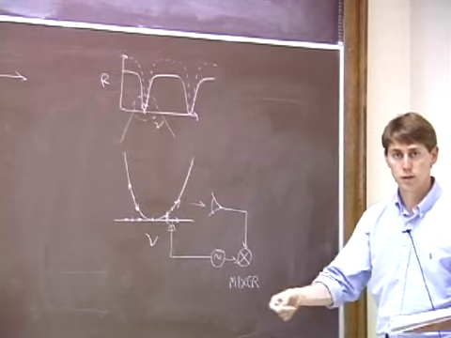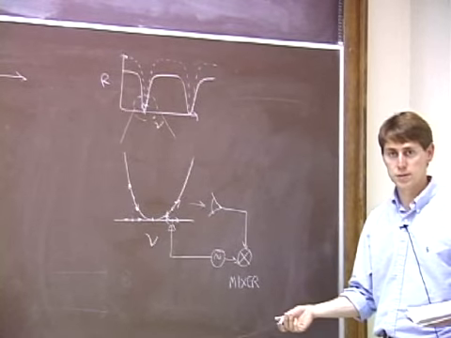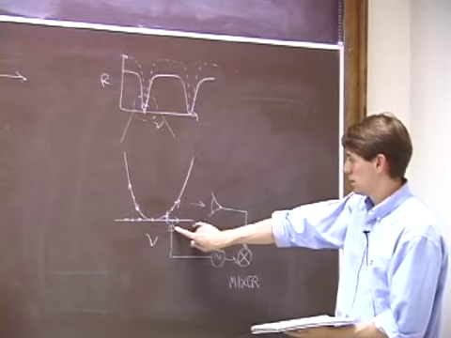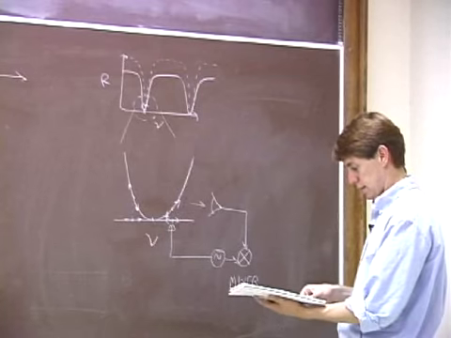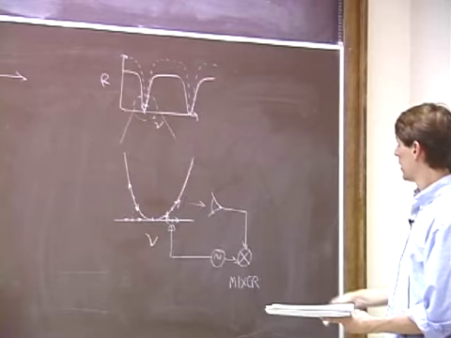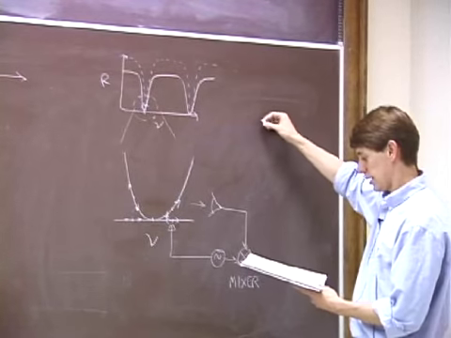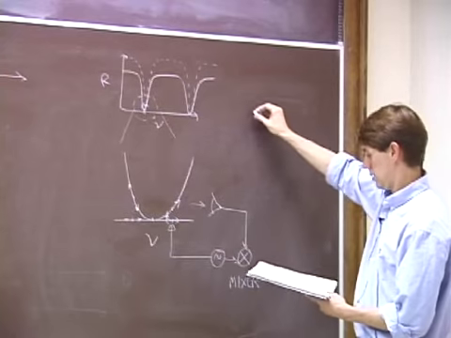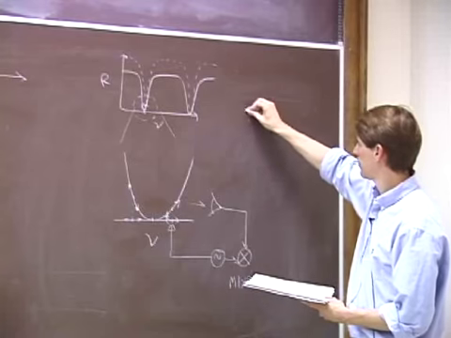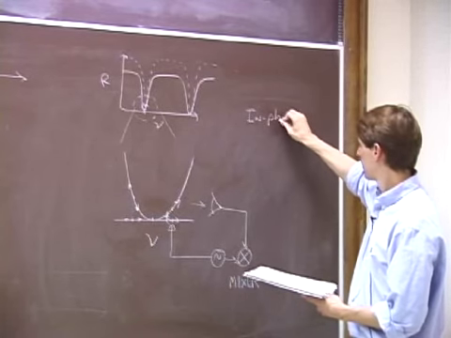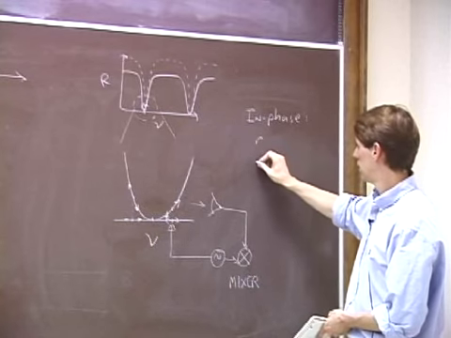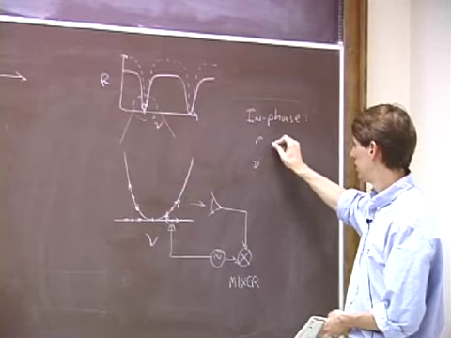A mixer is just a circuit element that multiplies two signals. That's it. So in this case, when the frequency is high, let me write down the separate cases here. In this case, when the frequency is high, let's see, in phase, we can write R and nu like this.